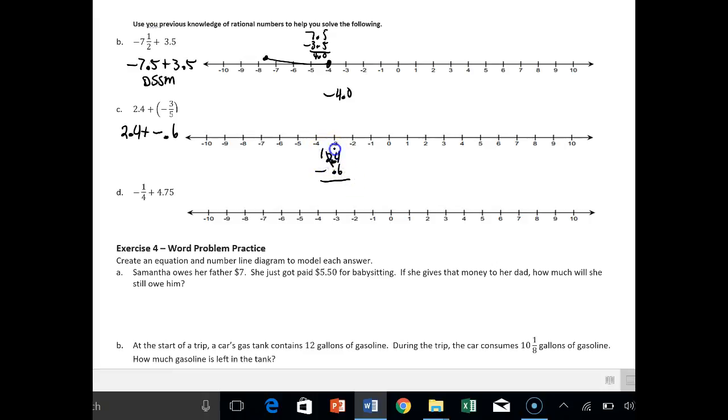That's a 14. So I got 1.8. And is it positive or negative? It's positive because I had more positives, right? So starting at 2.4, which is almost halfway between 2 and 3, and then moving 0.6 back, you're going to get to 1.8. Right about there.